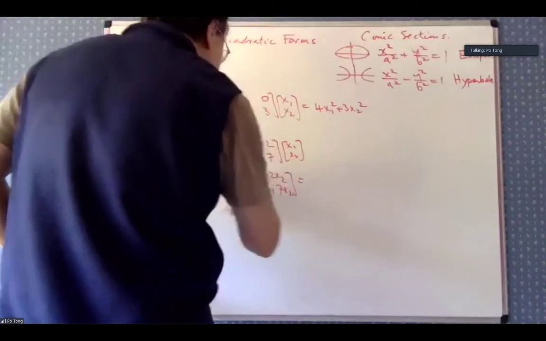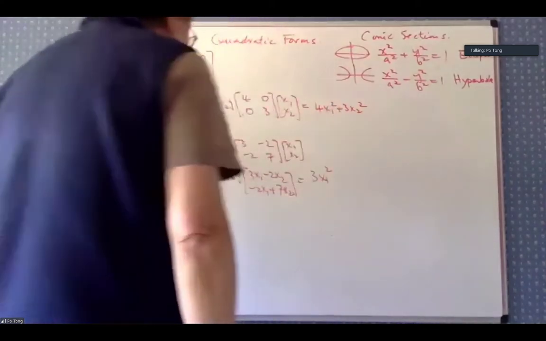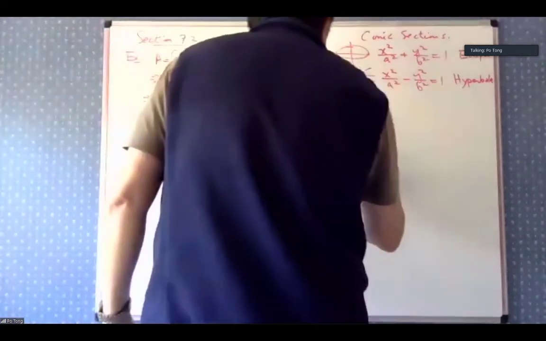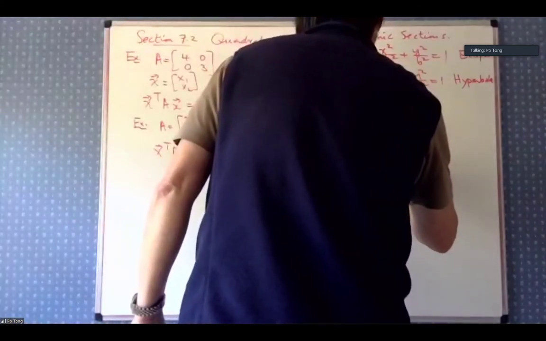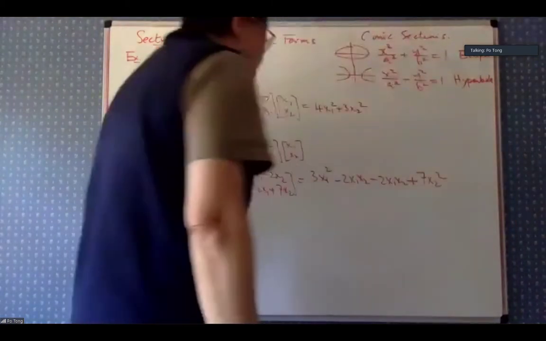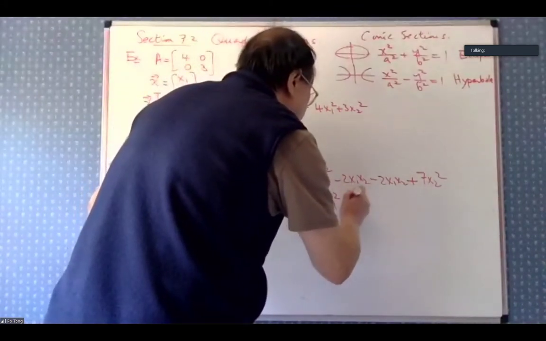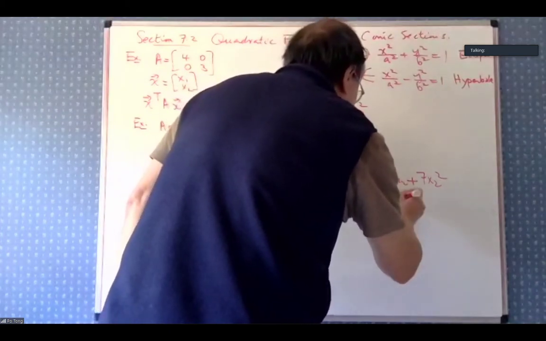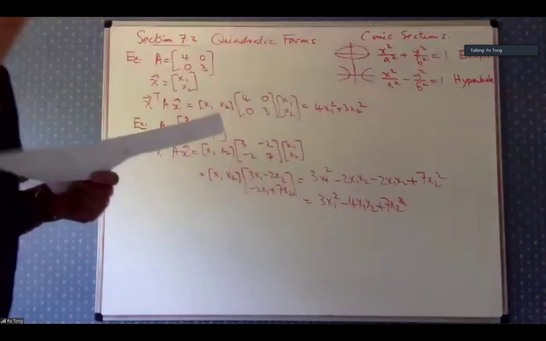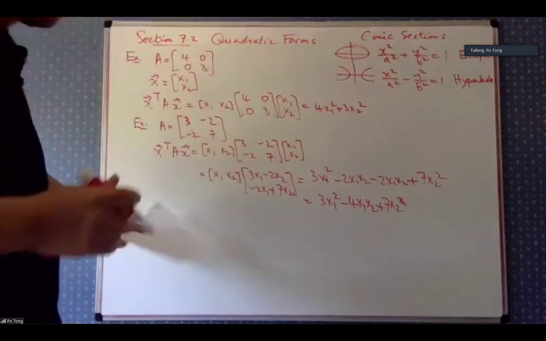This becomes 3 x1 squared minus 2 x1 x2 minus 2 x1 x2 plus 7 x2 squared. Okay. This is called a quadratic form.